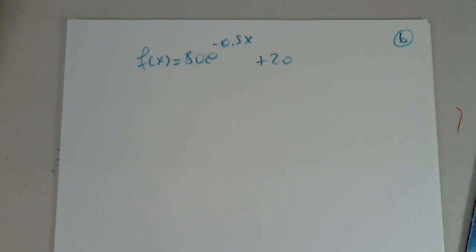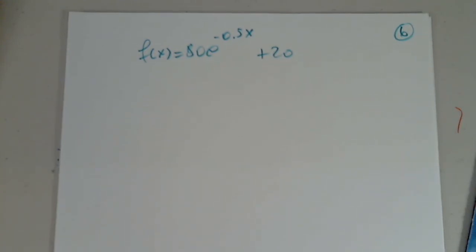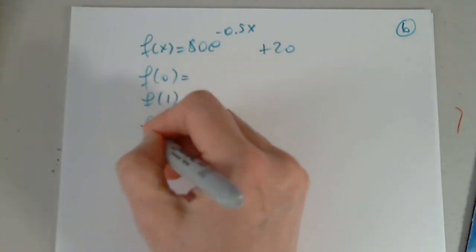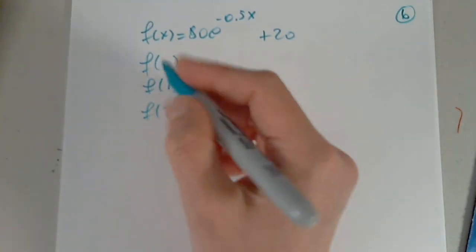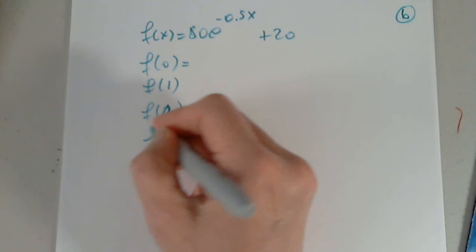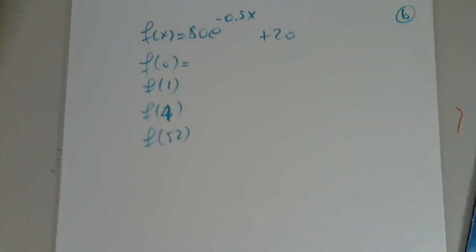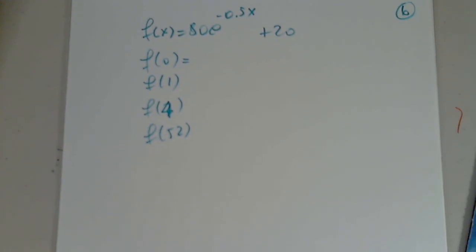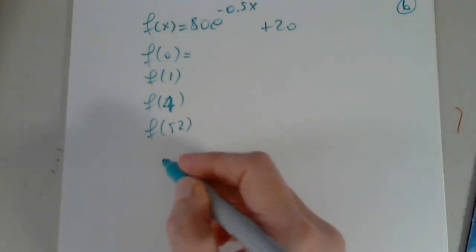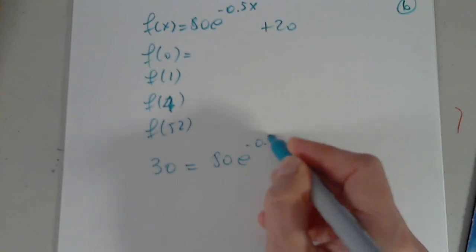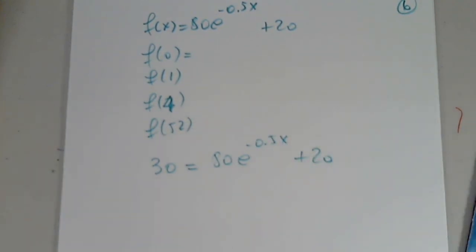Find the percentage of information at the moment it was learned. So we already know that this is f of 0. Then f of 1. Then f of 4. And f of 52. And then in part B, after how many weeks will the percentage drop to 30%? Okay, so the last question is when 30 equals 80 e to negative 0.5x plus 20.